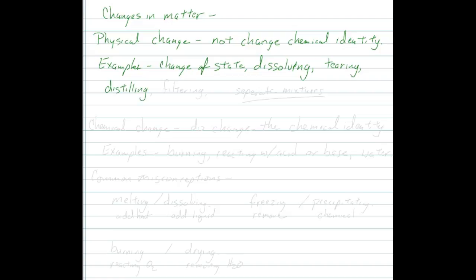Distilling is a way of separating two liquid components that are mixed, a homogeneous solution. If they have different boiling points, as you heat up the solution, the lower boiling point turns into a gas first, they collect it, and that way they separate things.